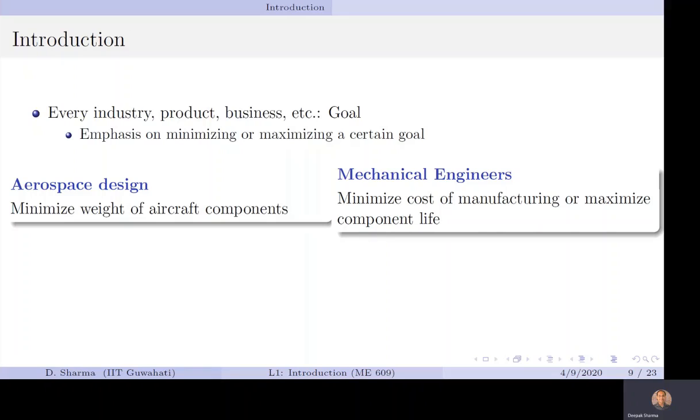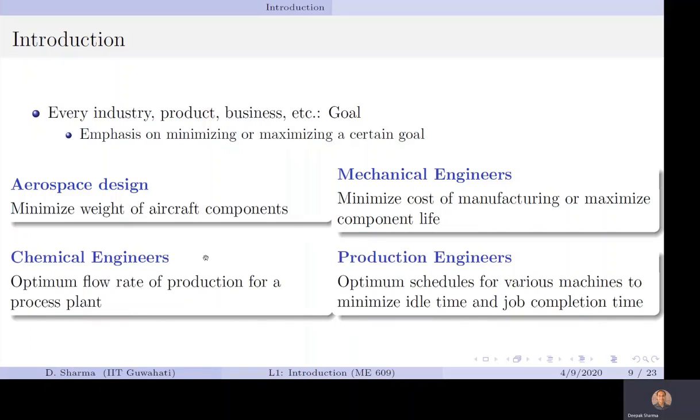However, the list is very long. Similarly, chemical engineers will look for the optimum flow rate of production for a process plant, and production engineers will be looking for optimum schedules for various machines to minimize idle time and job completion time.